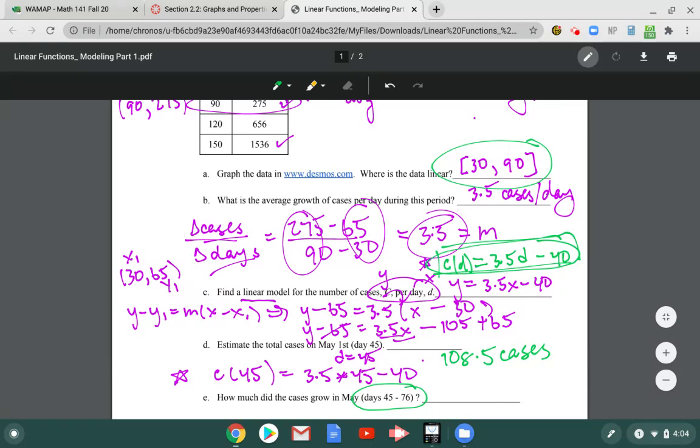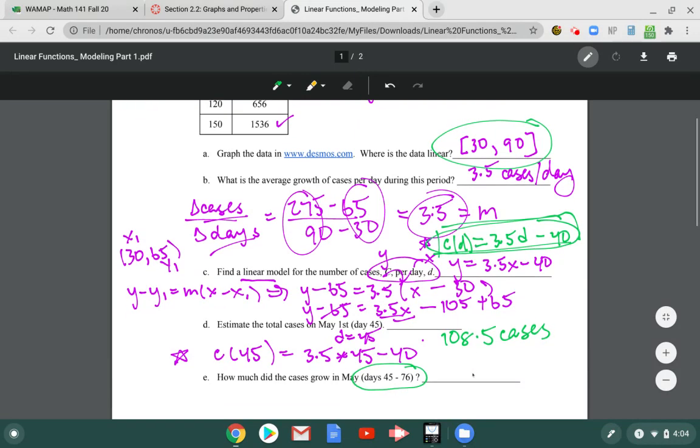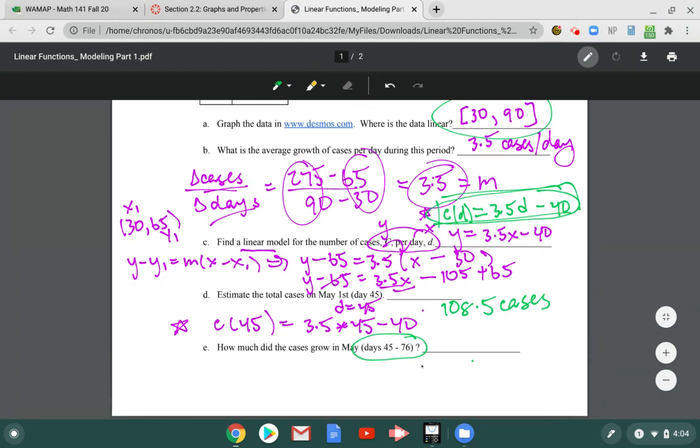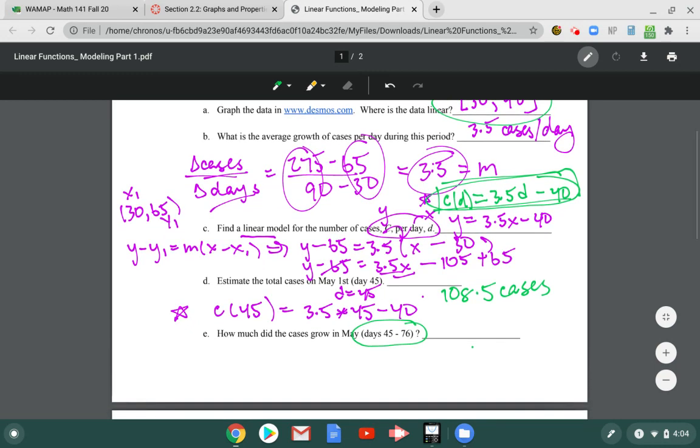So I can go ahead and figure out, using my model, using that rate of change, how much the cases grew between days 45 and 76. We know that they grow. Our rate is 3.5 cases per day. So if I just know how many days are in this time span of May, I can figure it out. So I'm really looking at a total of 31 days.